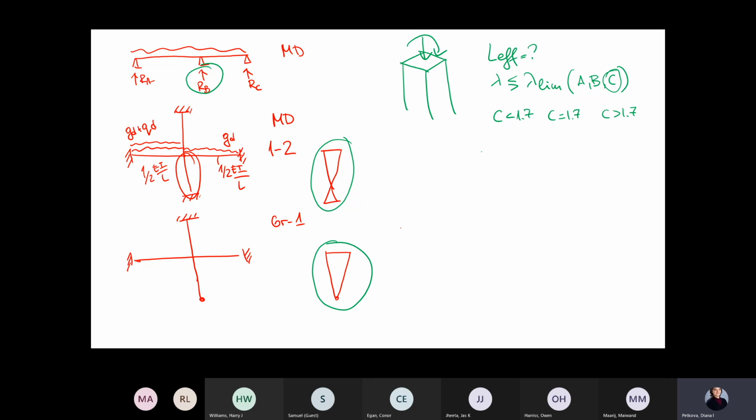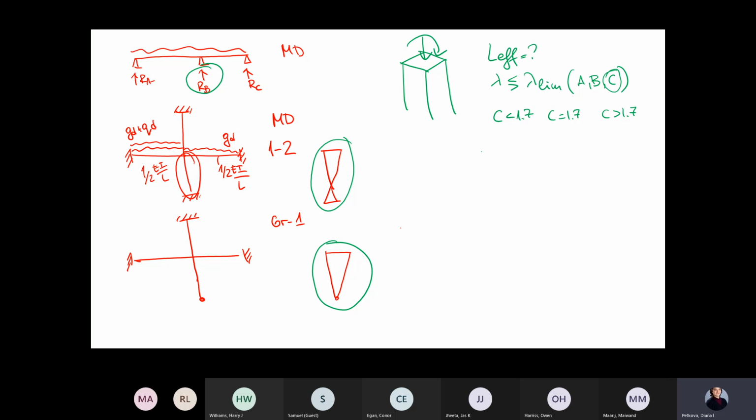Okay, so if this is our threshold and we say that it's 30, that's going to be much better than overestimating it to, let's say, 50 and saying, oh, our lambda is 42, so definitely we have a stocky column. But in reality, we might actually have a slenderness lambda equal to, let's say, 51 or 52.